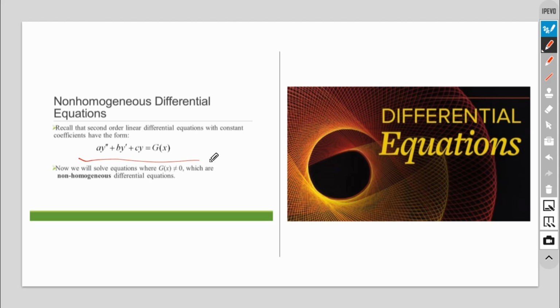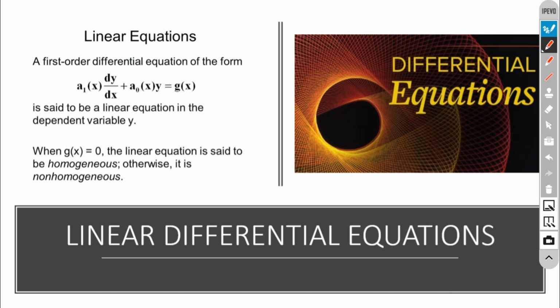Any differential equation of this form is a non-homogeneous differential equation. A first order differential equation of the form a1 of x dy by dx plus a0 of x y is equal to g of x is said to be a linear differential equation in the dependent variable y. If g of x is equal to 0, then it is homogeneous, and if g of x is not equal to 0, then it is non-homogeneous.